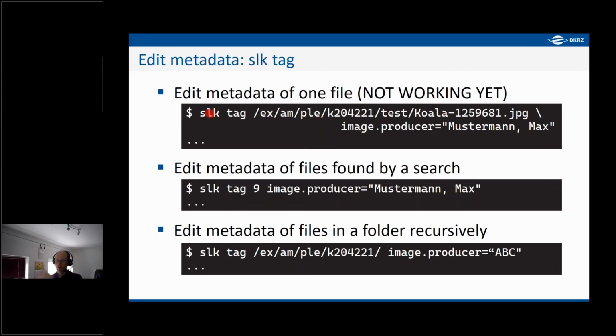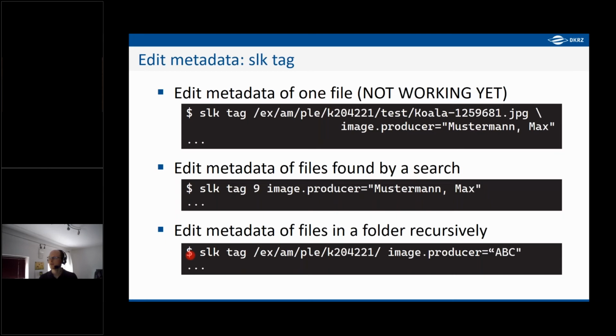We could say slk tag, file name, and then, for example, metadata schema image, metadata field producer, and we want to set the value Max Mustermann on this field. At the moment, I go to the last line, it only works for folders and not for individual files. It was a design decision, and it will be updated later.